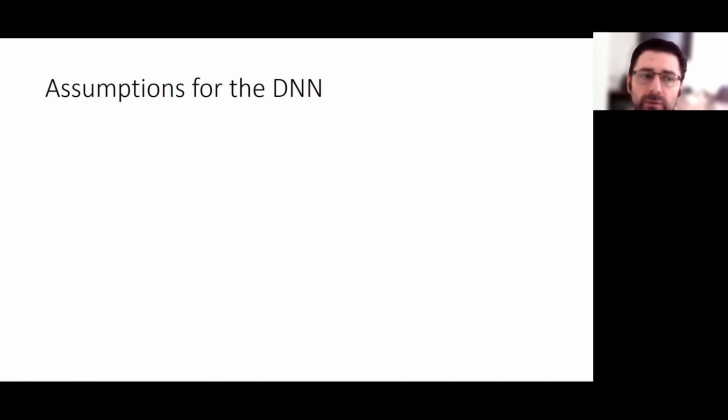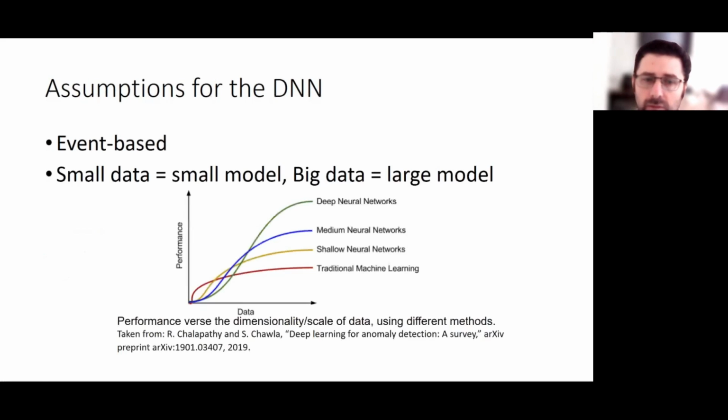Now we present some assumptions about our DNN. First, we assume that the task is to identify events. Secondly, we assume that a small amount of data should be represented by a small model. And similarly, big data should be represented by a large model. We can see here an example from a paper showing that performance is a function of the data.